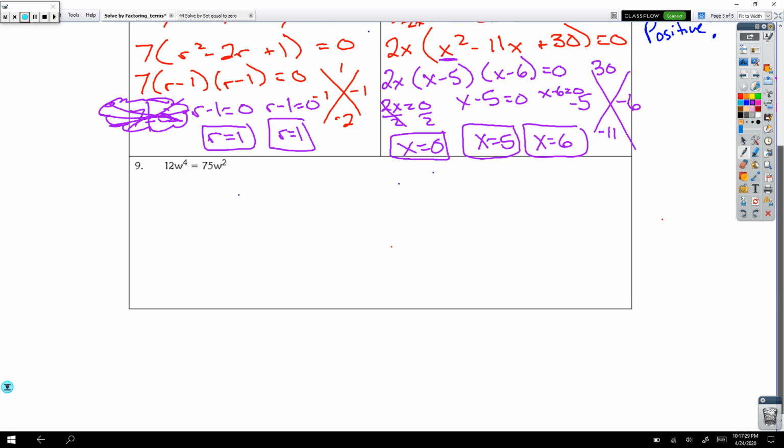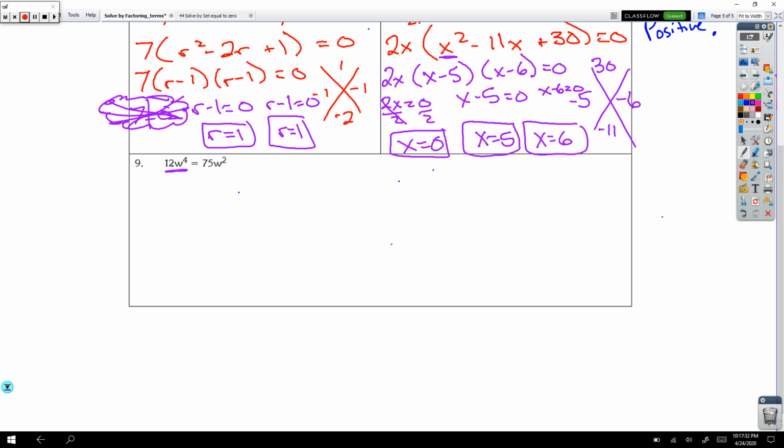All right, last example here. Biggest exponent. So move everything to the left. So I'm going to subtract this 75w squared. So 12w to the 4th minus 75w squared. So we want to look for GCF. Smallest exponent, so the w squared. I recommend circling it, right? Look through your problem. If they all share the same letter, okay, that's going to be part of your GCF, and then you want to find the smallest exponent that goes with that letter.